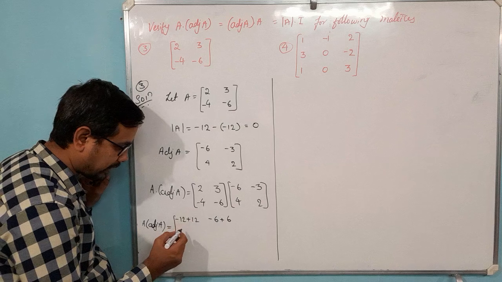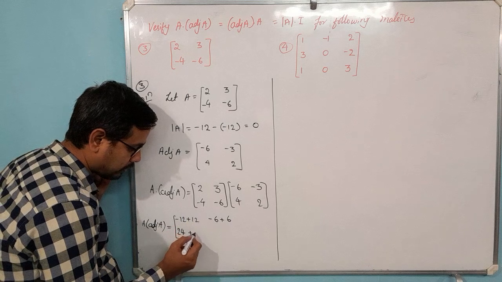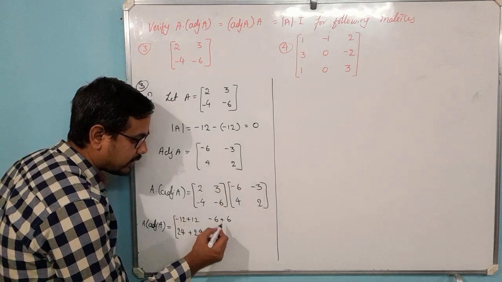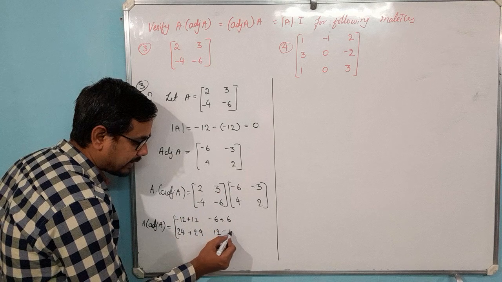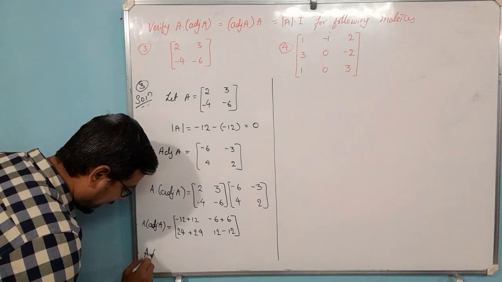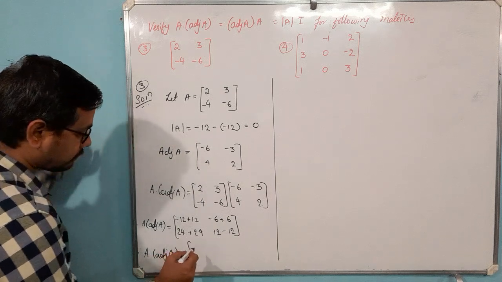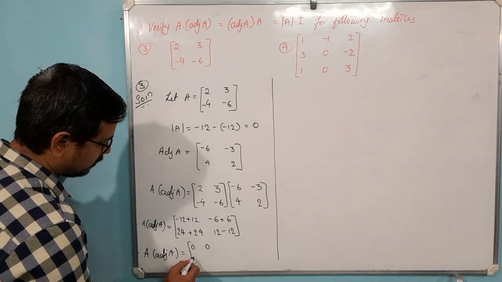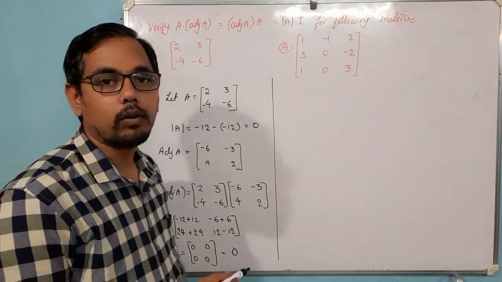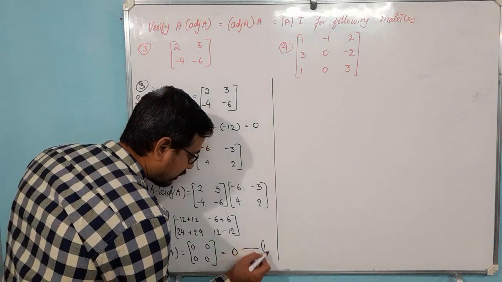Minus 4 into minus 6 plus 24, minus 6 into plus 4 plus 24, minus 4 into minus 3, that is 12, minus 6 into plus 2, minus 12. So now you can see clearly A into adjoint of A is 0, 0, 0, 0, which can be generally written as 0. It is a 0 matrix. So we got the value of A into adjoint A. Take it as equation 1.